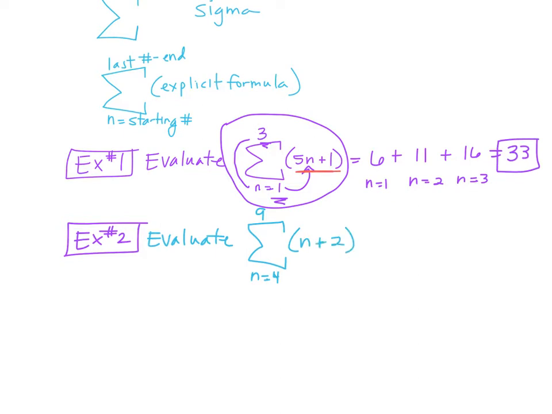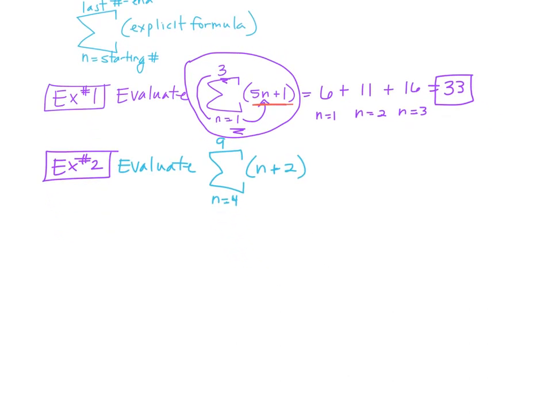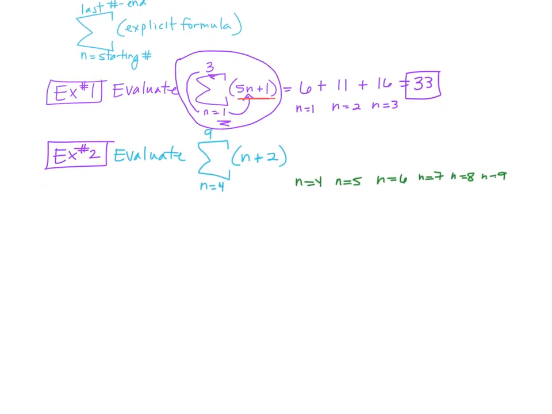Okay, so what that means is I need to plug in n equals 4, and n equals 5, and n equals 6, and n equals 7, n equals 8, and n equals 9. Okay, I need to plug all those in to this explicit formula.